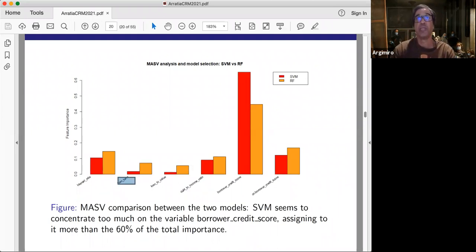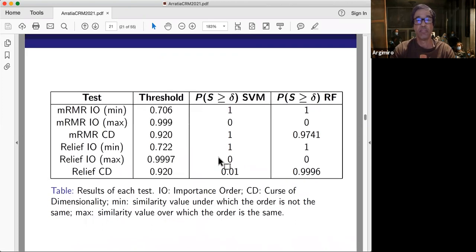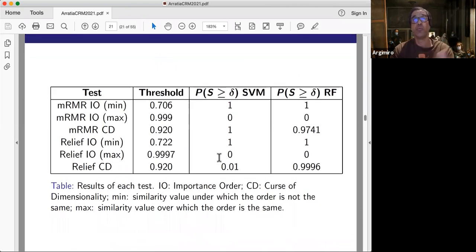So it looks like the random forest uses the variables in a more intelligent way.